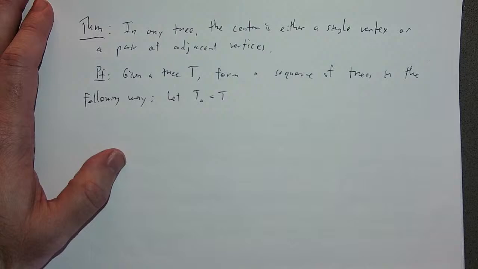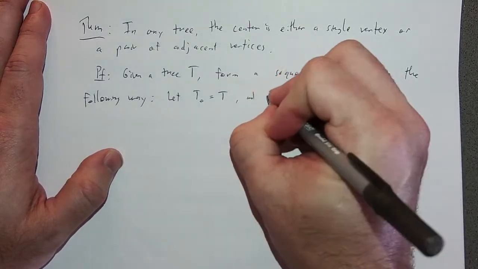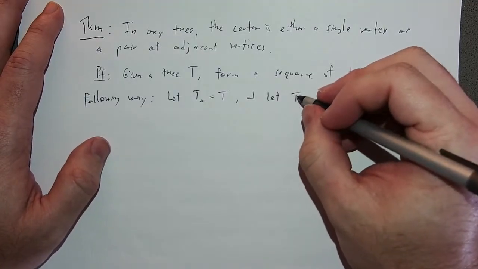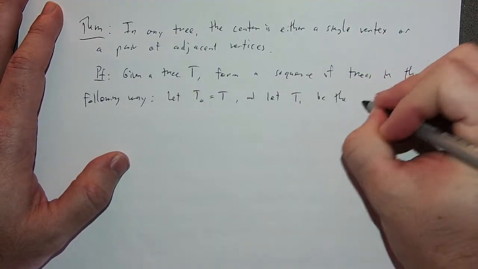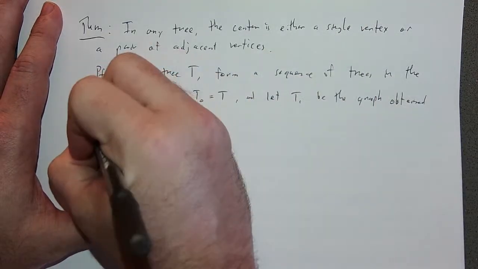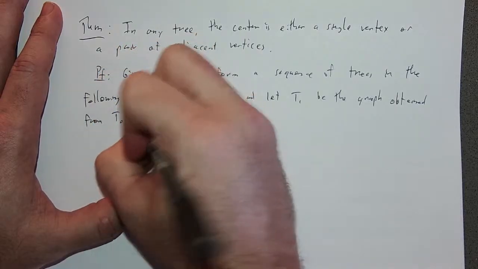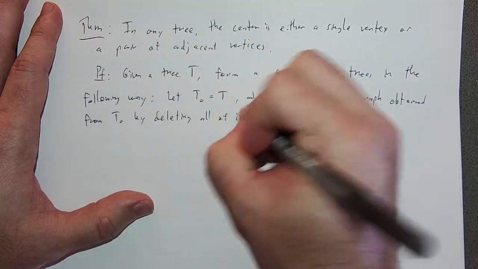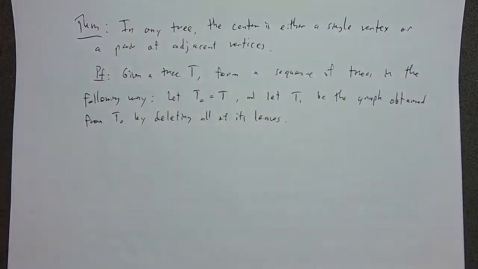So T naught is T, and let T1 be the graph obtained from T naught by deleting all of its leaves. So you're deleting all of the degree 1 vertices. You can think to yourself, this is vertex deletion, so you're also removing any edge that's incident with any of those deleted vertices.